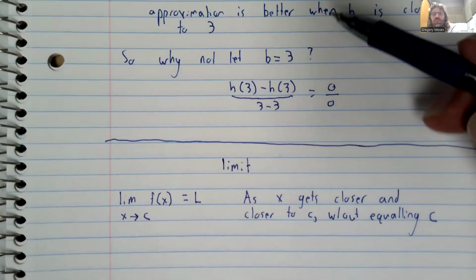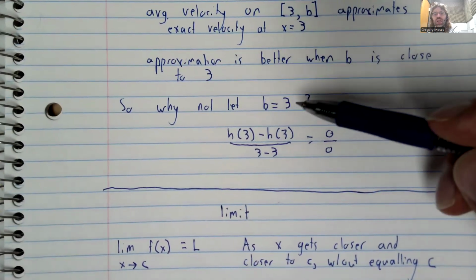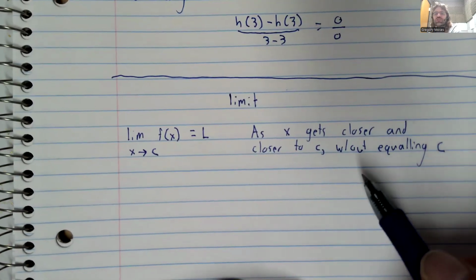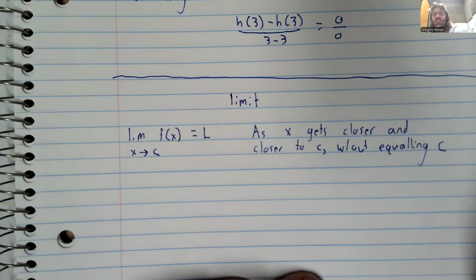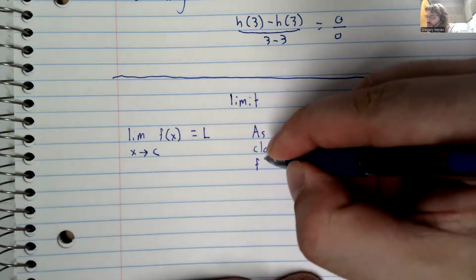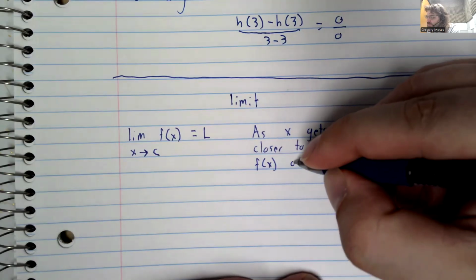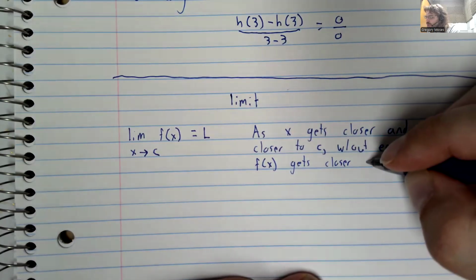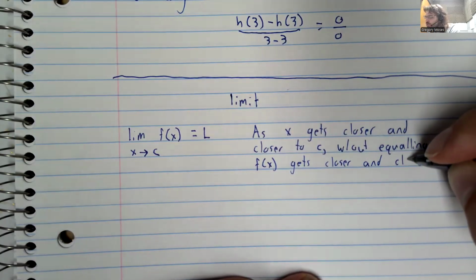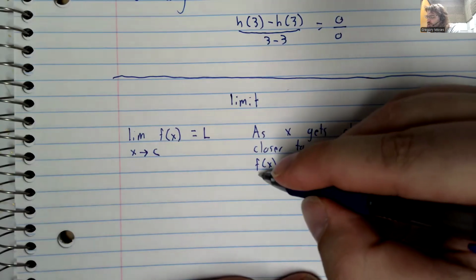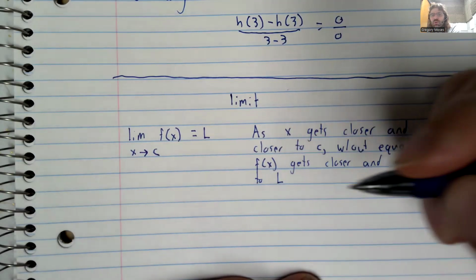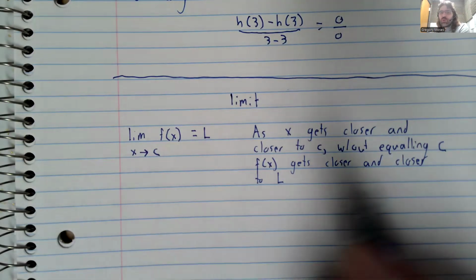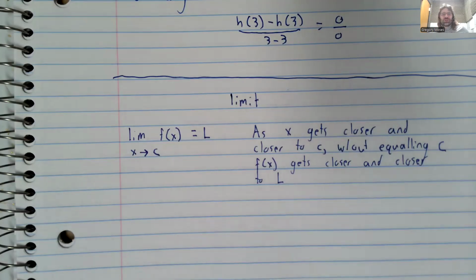You saw that up here, right? We're getting closer and closer to 3, but we can't equal 3. So as x gets closer and closer to c without equaling c, f of x gets closer and closer to L. And we can make this very formal, but we're not going to.